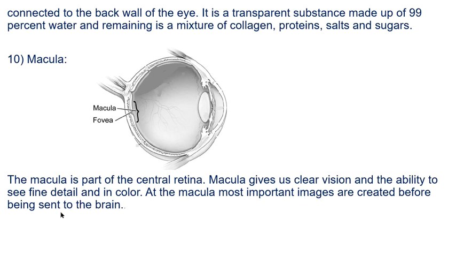The brain can analyze and recognize whatever it sees. If there is no clarity in vision, the brain can't respond perfectly. So the macula provides the brain very clear vision.